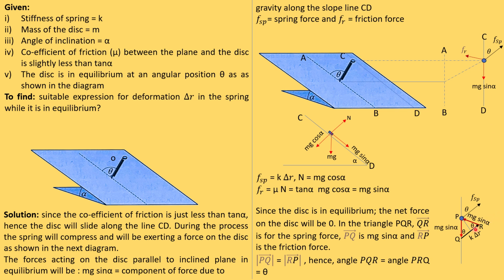Parallel to the friction means these two forces we have already drawn. So the third force, the friction force, must complete the triangle. So the third force will definitely be in this direction, from R to P.